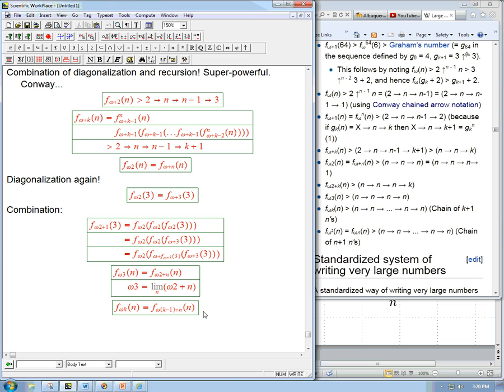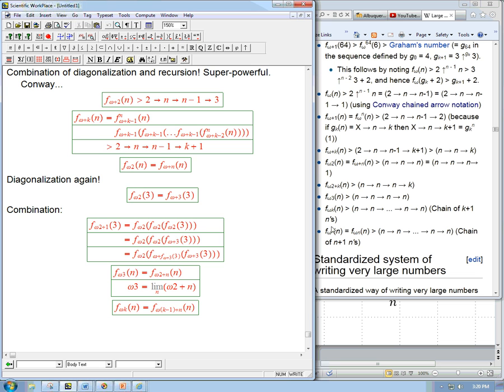Whew! So it turns out, and I'm not going to show you the comparison, I haven't actually worked it out in detail, but it's totally plausible, that at this level we're now beating any fixed length chain of the Conway chained arrow notation. You put k plus 1 n's together, and you've got f omega k. Not even close. I mean, not even quite. It's somewhat comparable in terms of the idea.